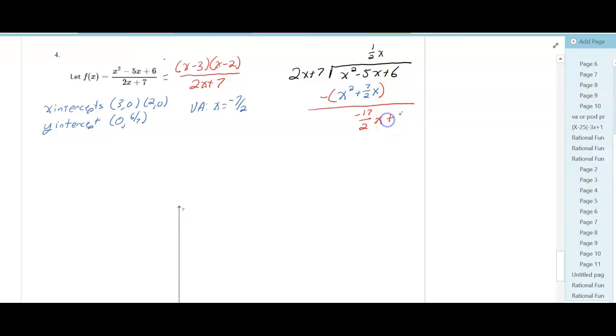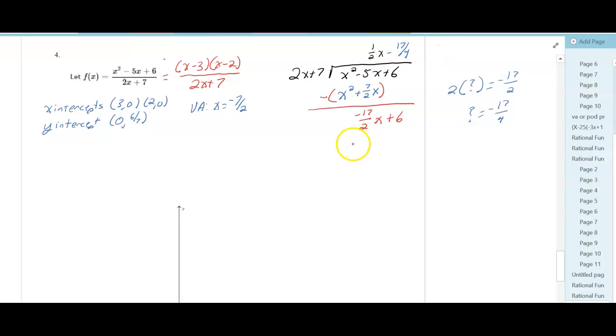Then you would drop the 6. How many times does 2x go into -17 over 2? So you need to ask yourself 2 times what number is -17/2. So the question mark is going to be -17 over 4. So it's -17 over 4.